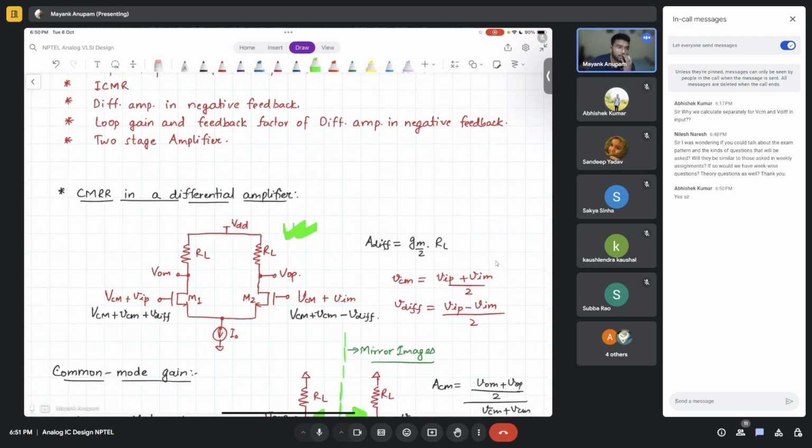Nilesh has commented: sir, I was wondering if you could talk about the exam pattern, the kind of questions that will be asked. Will they be similar to those asked in the weekly assignments? Would we have week-wise questions, theory questions as well? Thank you. So Nilesh, are you there? Yes, sir, I'm here. So Nilesh, the thing is that I actually don't know, because I don't look after the administration of this course.